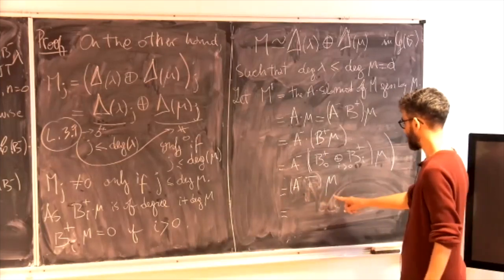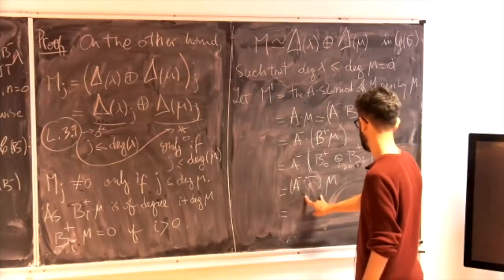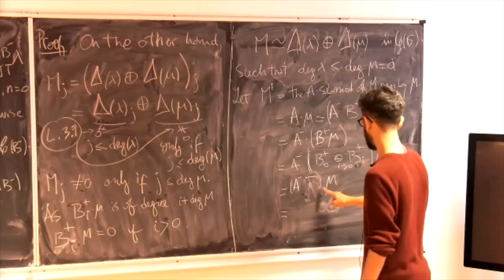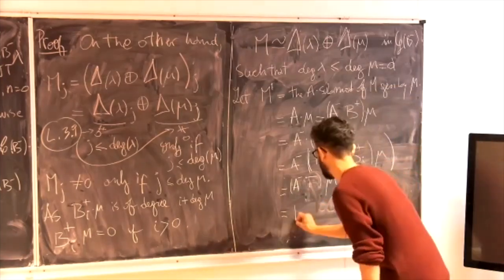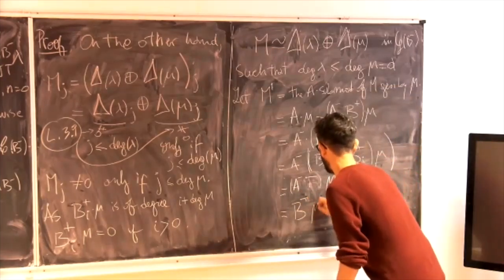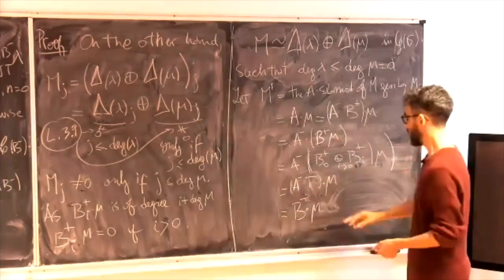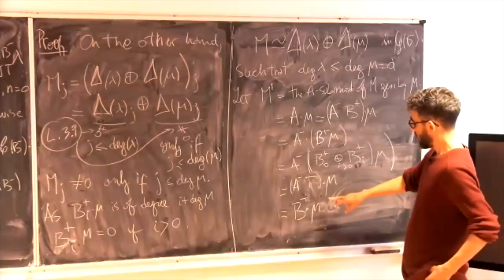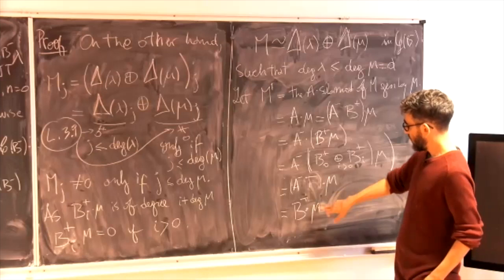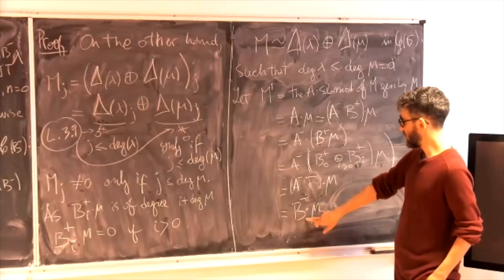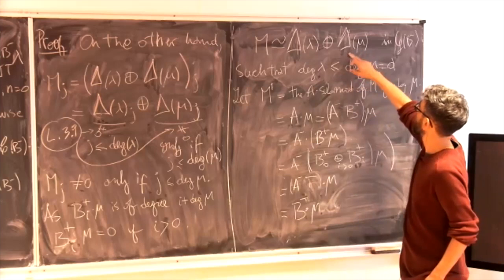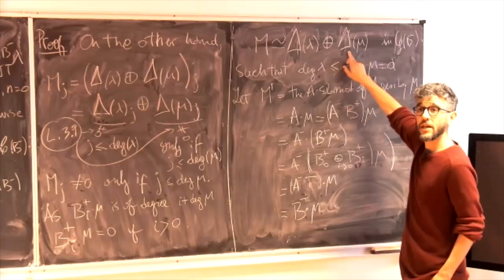And this is the submodule generated. This is the same as b minus acting on mu. So this is the submodule generated by mu as b minus modules. So it has to be delta mu.